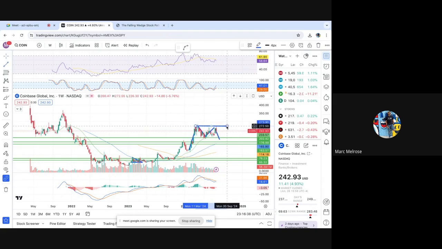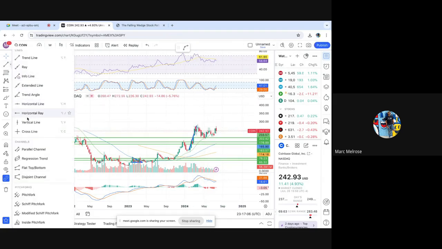I want to see it break above this 273 range, or 274 range, excuse me, that I have drawn here. I want to see it break above this resistance line before I start getting into my trades, just to make sure, because it could be testing this resistance and it may break below it. It looks to me like it's in a good spot to break above that. So we'll just have to keep an eye on the crypto to see how it's moving. I'm going to draw some stronger support and resistance.